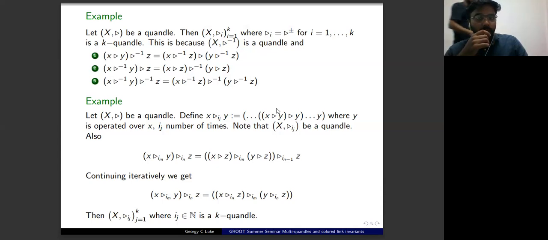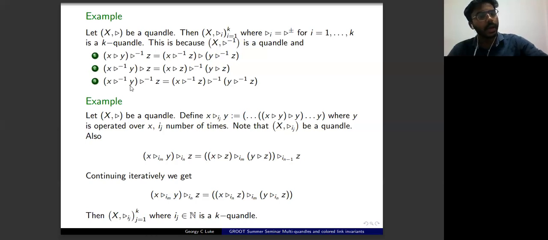Here the ◁_i could be ◁ or ◁^{-1} basically. If we take each ◁_i to be ◁ or ◁^{-1}, then (X, ◁_i) for i from 1 to k forms a k-quandle, because if (X, ◁) is a quandle, then (X, ◁^{-1}) is a quandle called the dual quandle, and they satisfy all this right distributivity property. Basically, these are the conditions we require for the right distributivity property in the multi-quandle case.